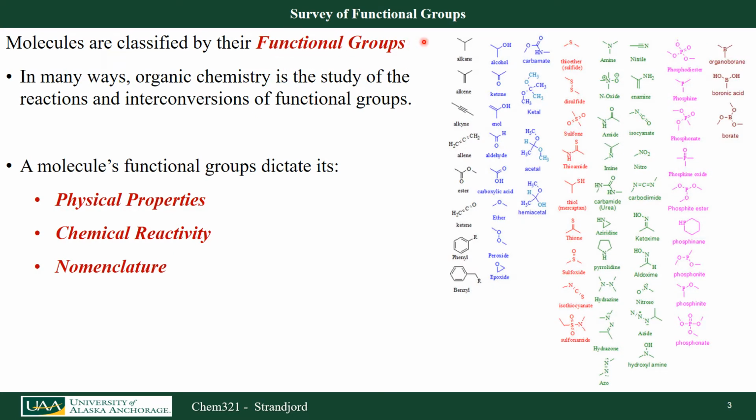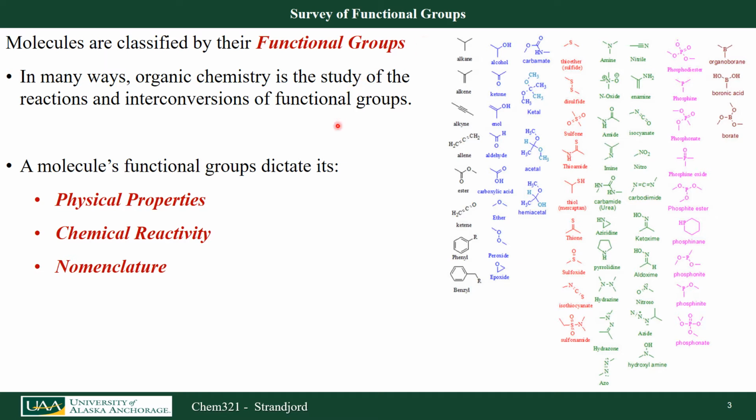Molecules are often classified by their functional groups. In many ways, organic chemistry is the study of reactions and interconversions of functional groups on molecules. So to convert, for example, an alcohol over to a thiol, that would be organic chemistry.